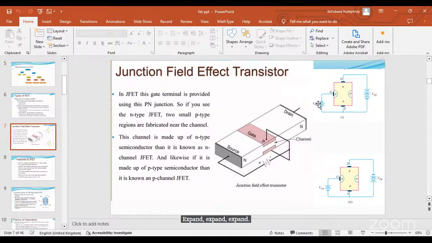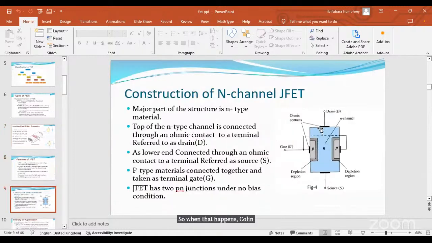So the more the reverse bias, these P types, which form a depletion region between the N type and P type, will expand. While it's expanding, this channel will be closing up because the P will be extending into the channel from both sides. And at a point, the two P's on both sides will close up that channel. When that happens, current will not flow again.